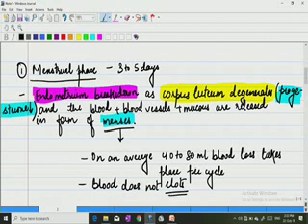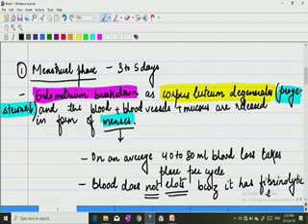This menstrual blood does not clot, and this is because of what? This is because it has fibrinolytic enzymes.